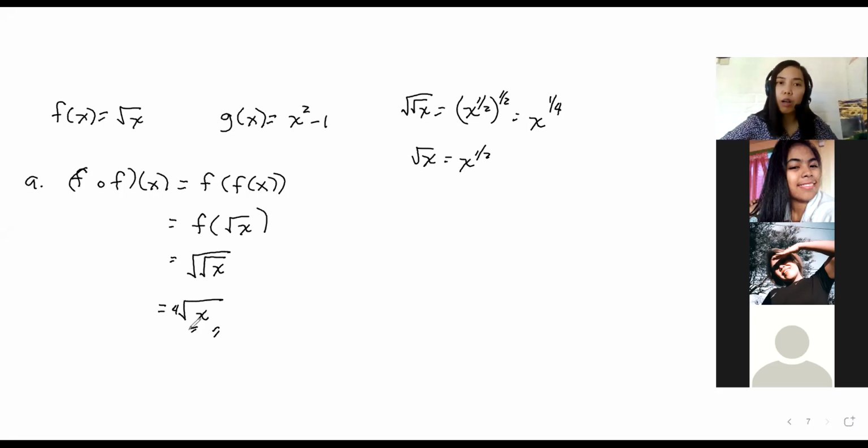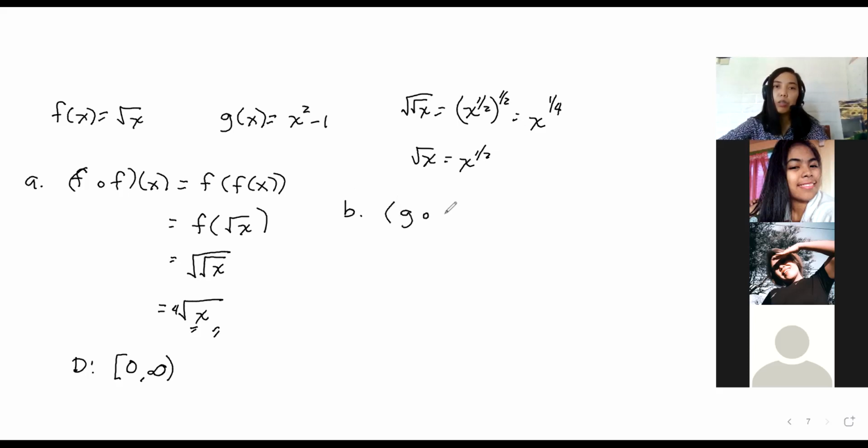Therefore, the lowest value that we can have for x is 0. Kasi meron namang 4th root of 0 eh. Still 0. Kasi 0 times 0 times 0 times 0 still 0. And it's close to 0 up to positive infinity. Okay? Next.